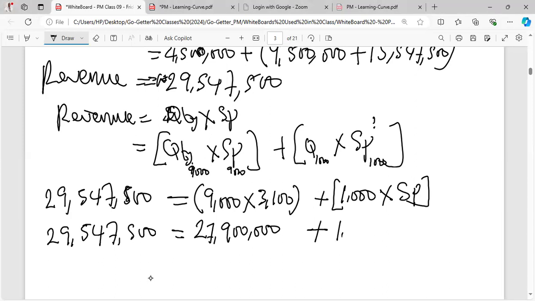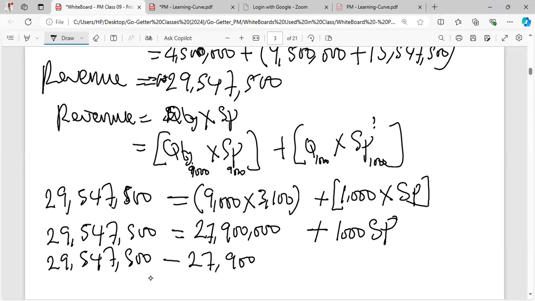So let this unknown be on one side. So this will now give us 29,547,500. Now this is having a plus sign. If it moves to this side, it becomes a minus. Minus 27,900,000 will now become equal to 1,000 SP.